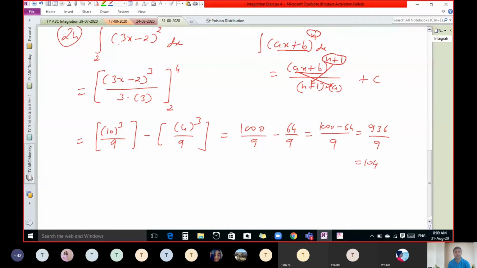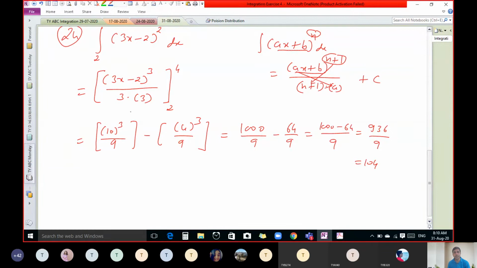So see, this is a linear function, and the power is 2 here. So add 1. We get 2 plus 1, 3, and the same 3 you have to write here, and in the bracket you have to write the coefficient of x. The coefficient of x is 3.